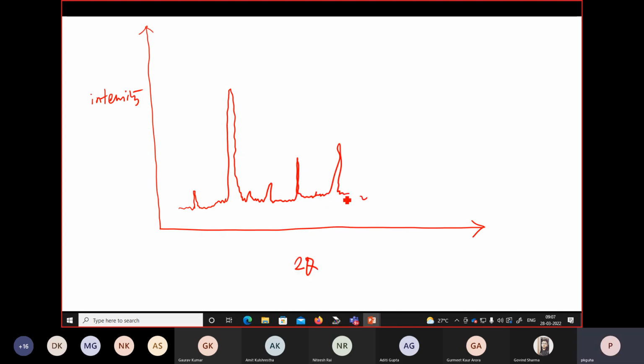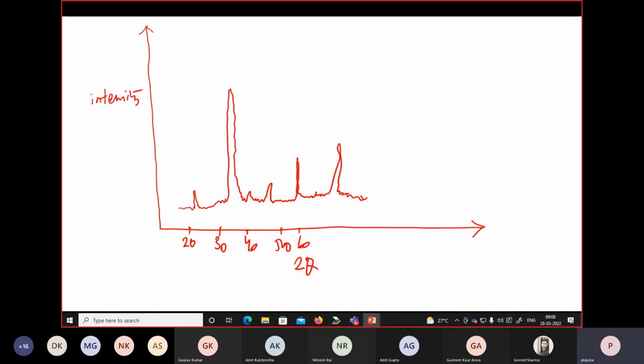Let's put some angles on this 2 theta axis: say this is 40, this is 50, and so on, 60, 70, 80, and so on.